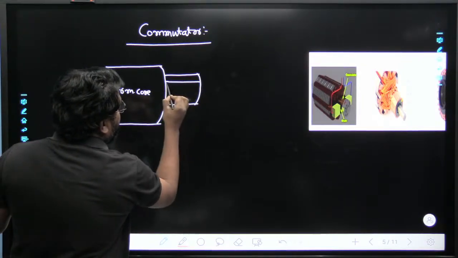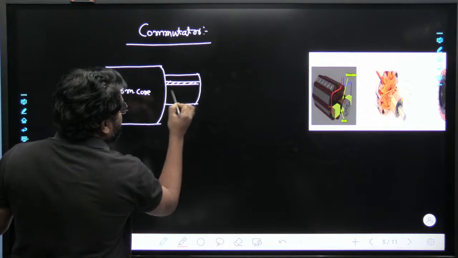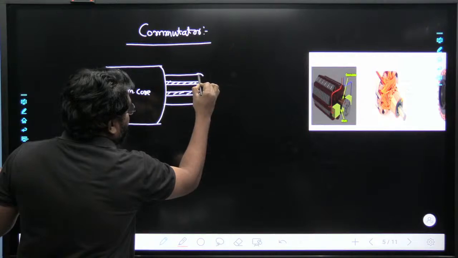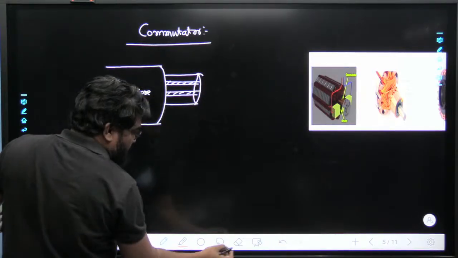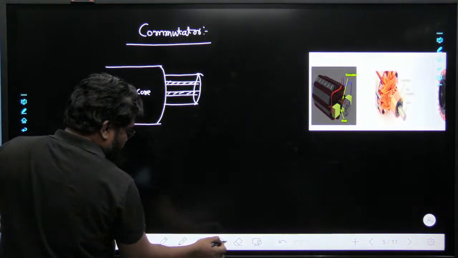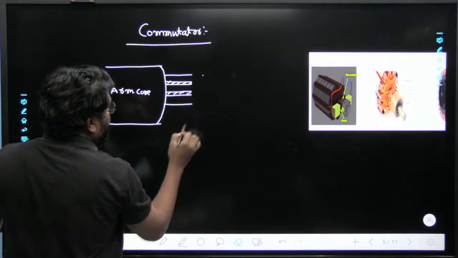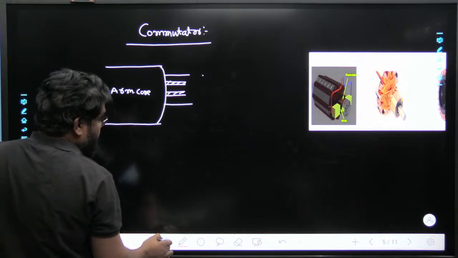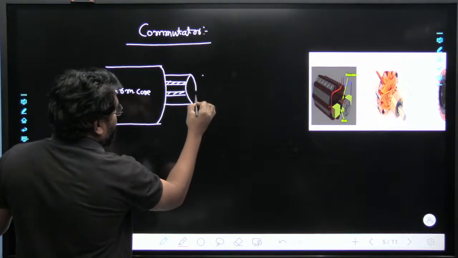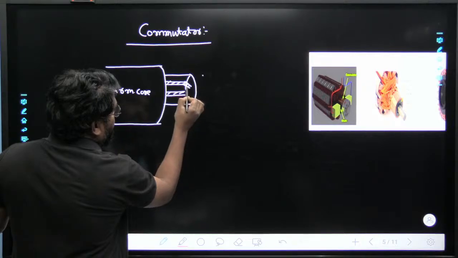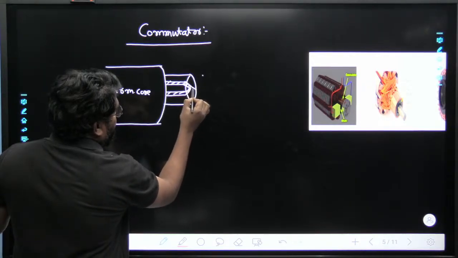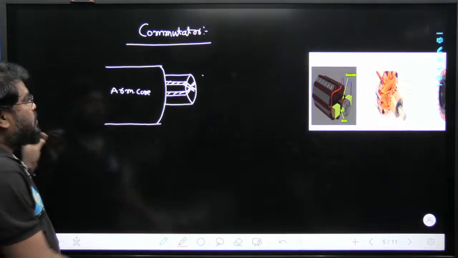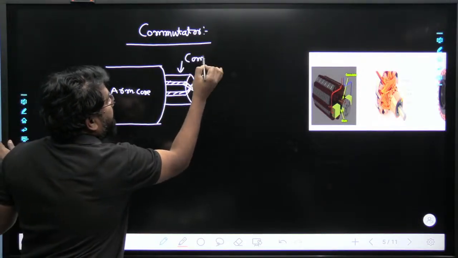This commutator is divided into slots, divided into small parts. This part you can say is the commutator part.